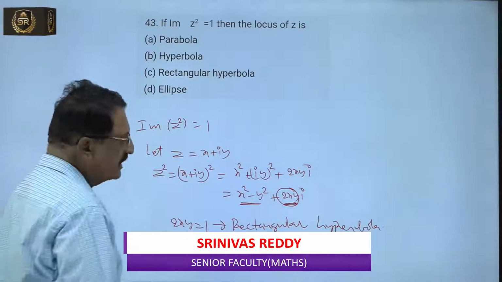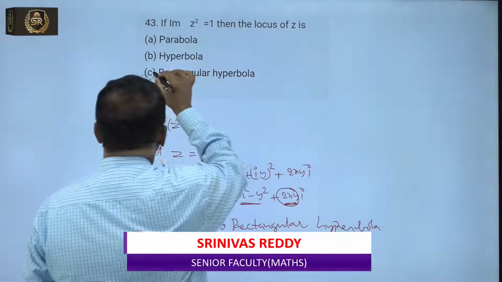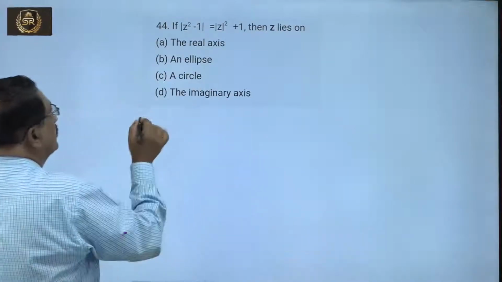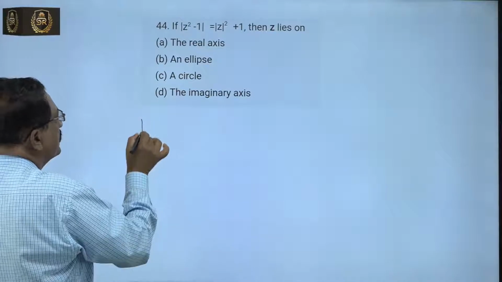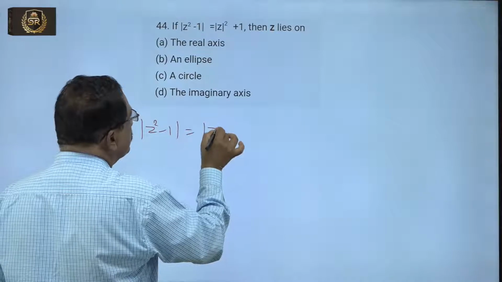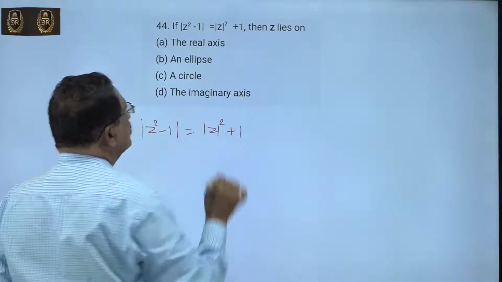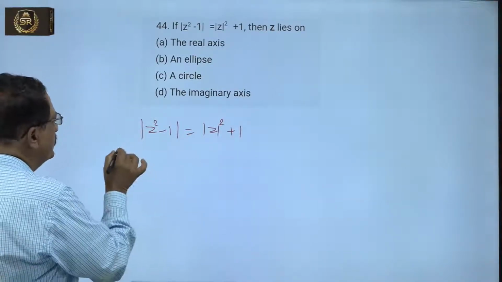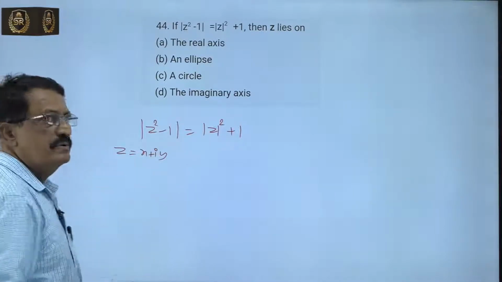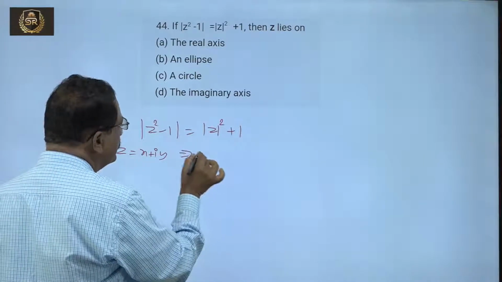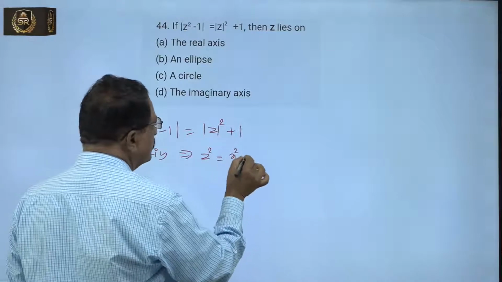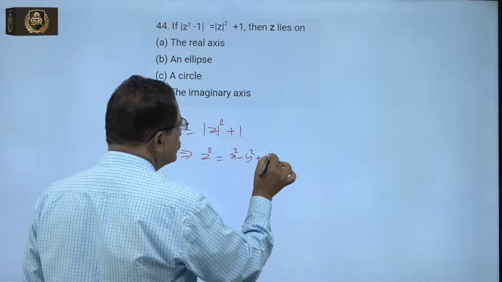So it's option C, the third option is correct. Next, question 44: mod of (z squared minus 1) equals mod z whole squared plus 1, then z lies on. First let z equal x plus iy. Then z squared equals, by (a plus b) whole squared, x squared minus y squared plus 2xyi.